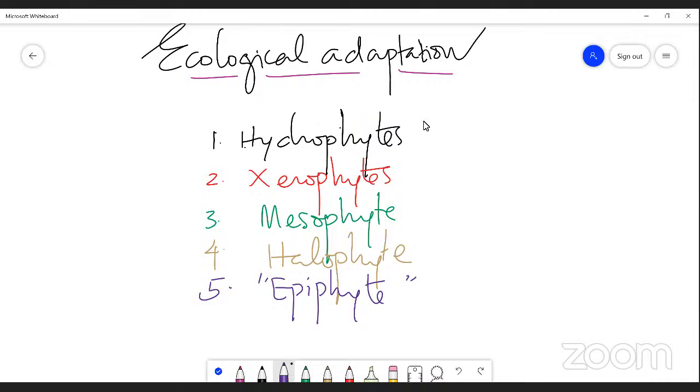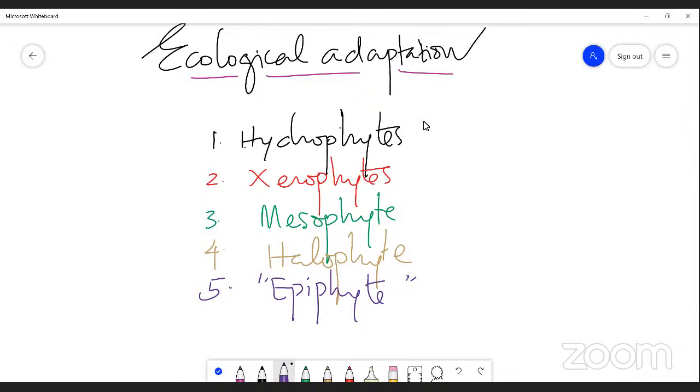So these are all the types of ecological adaptation. I repeat once again, ecological adaptation is nothing more than a structural modification in an organism, according to the place where the organism grows, in order to survive. Its morphological, anatomical and physiological characters have to be modified, including the root, stem and leaf.